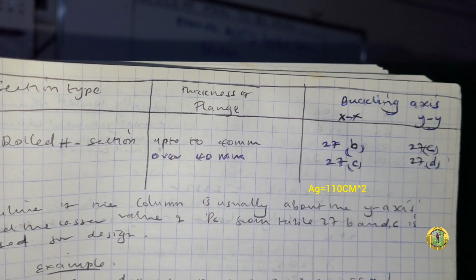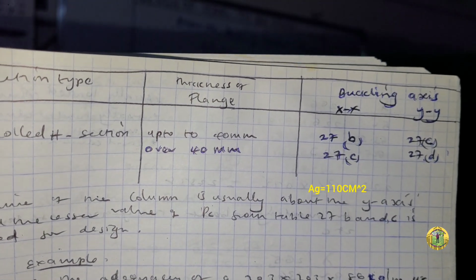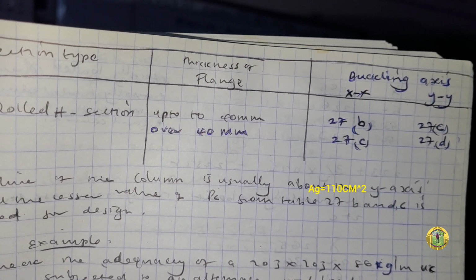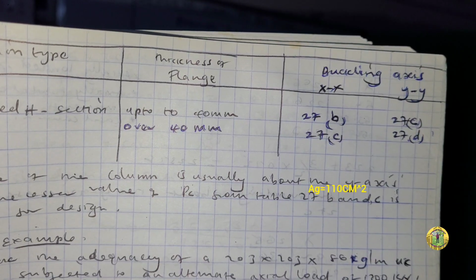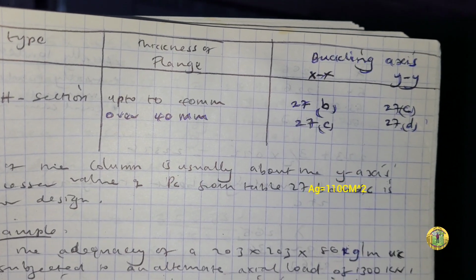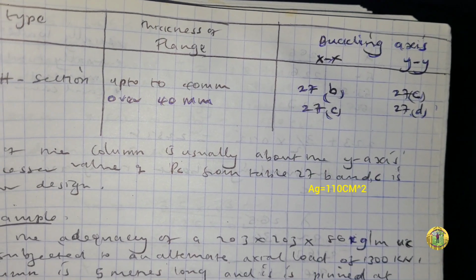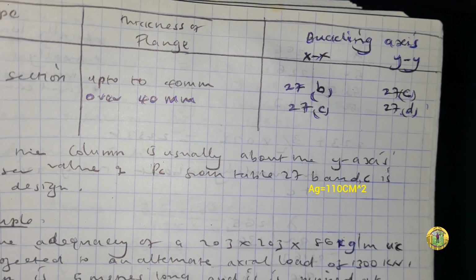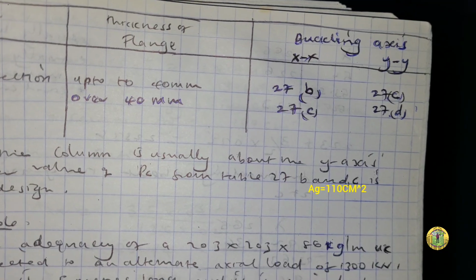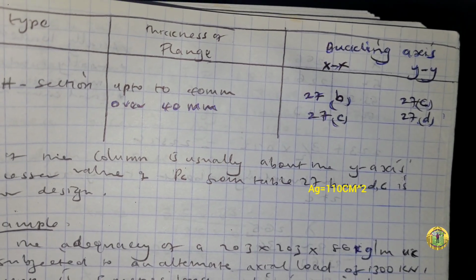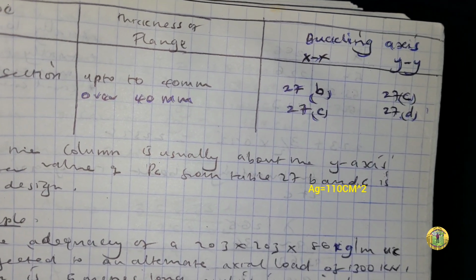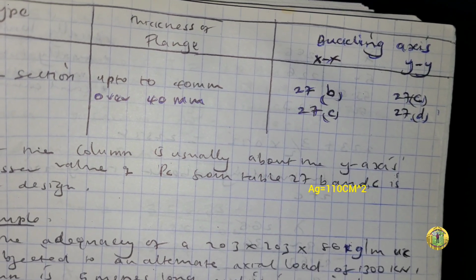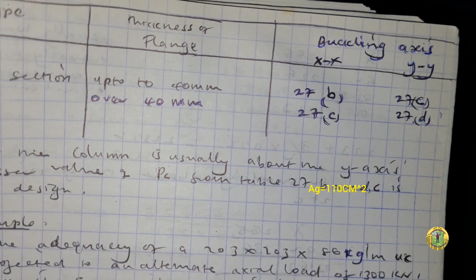You have the section type, the thickness of flange, and the buckling axis. For the rolled H section up to 40 millimeter, about XX you use 27B, and about YY you use 27C. Check the introduction I have just done for more detail.